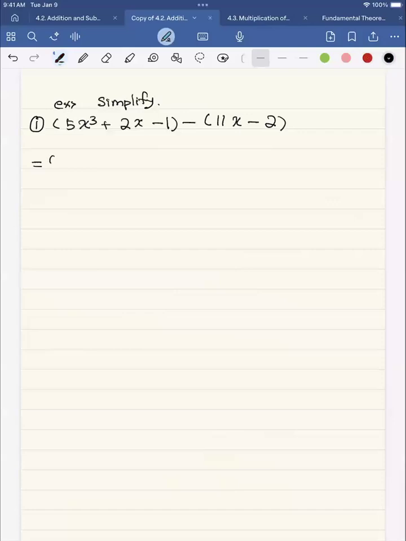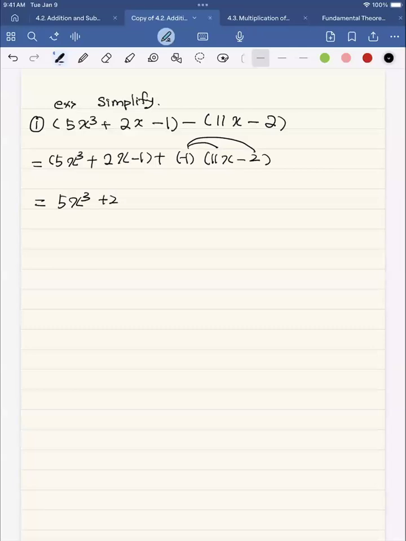This algebraic expression can be written as 5x cubed plus 2x minus 1 plus minus 1 times 11x minus 2, and we distribute minus to the first and second term. Then we have 5x cubed plus 2x minus 1 minus 11x minus 1 times 2.